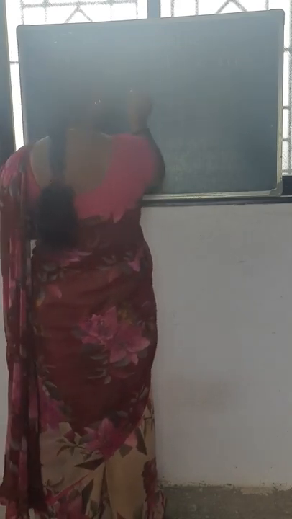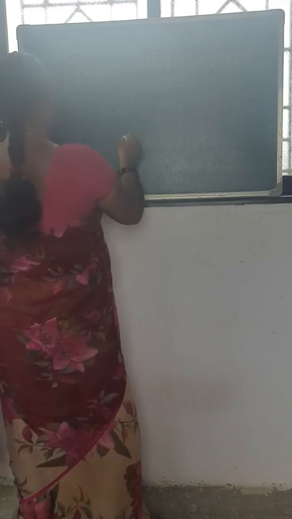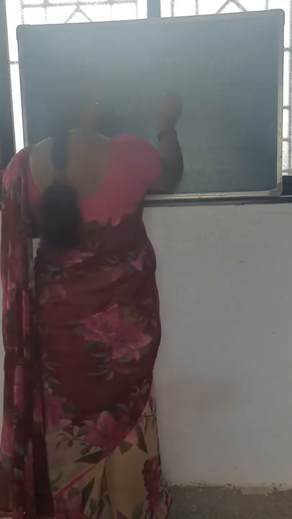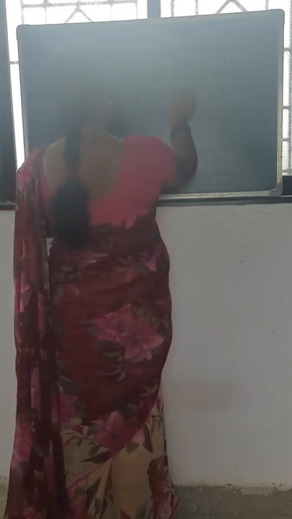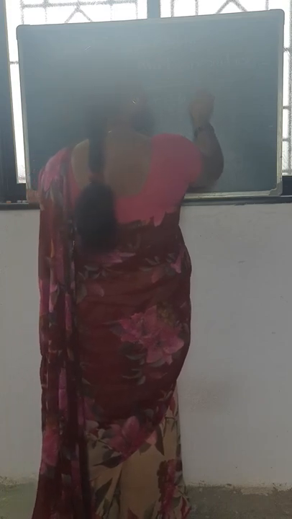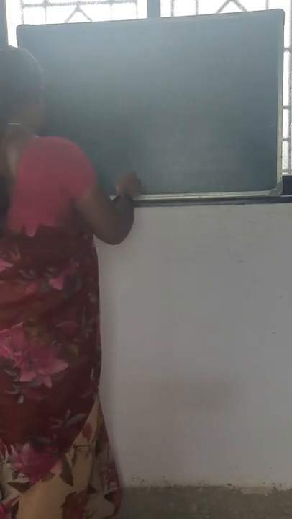The division is 40,24,272 divided by 12.